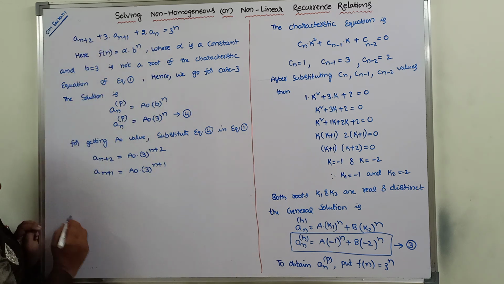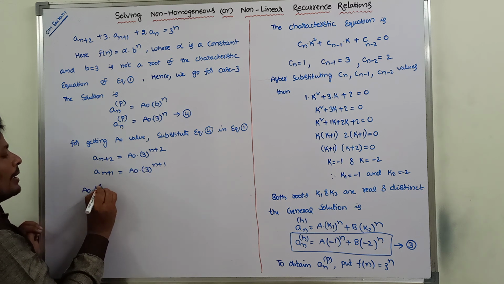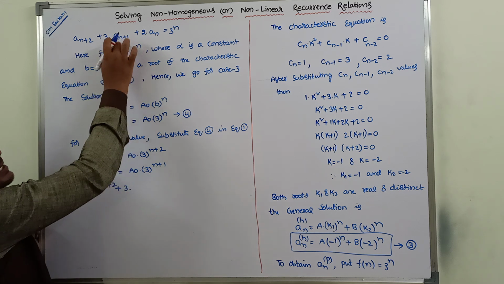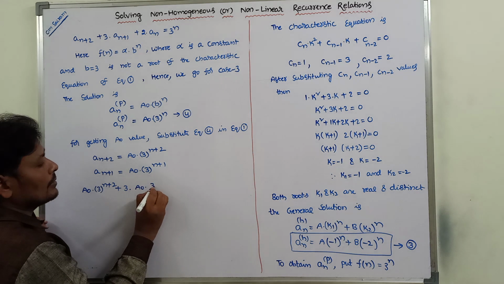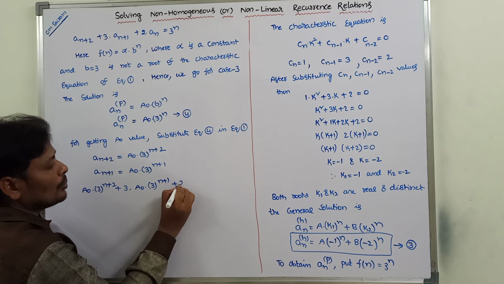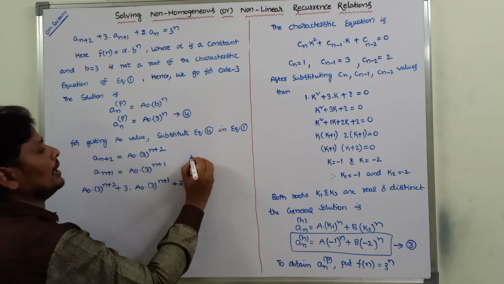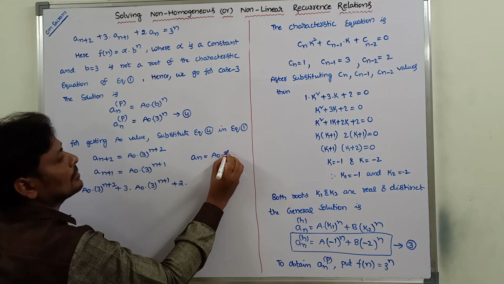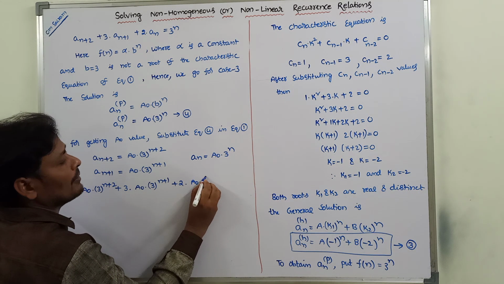Here a suffix n plus 2 is a naught into 3 power n plus 2, plus 3 into a suffix n plus 1, that is a naught into 3 power n plus 1, plus 2 into a suffix n, that is a naught into 3 power n, equal to 3 power n.